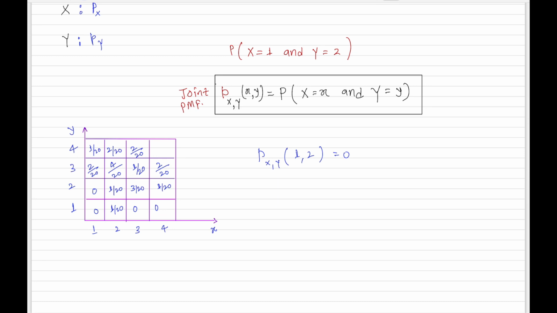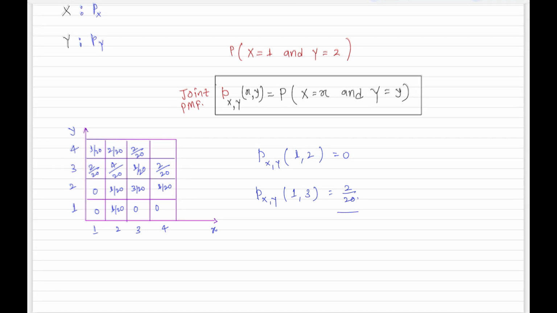We might also ask, what is the probability that random variables X and Y take the values 1 and 3? We can easily look at the table, right? Random variable X is taking the value 1, and at the same time random variable Y is taking the value 3, and the probability of that is 2 divided by 20. So in the next video we will be looking at the properties of this joint PMF.